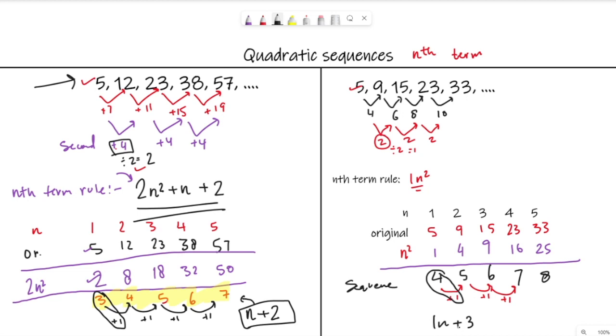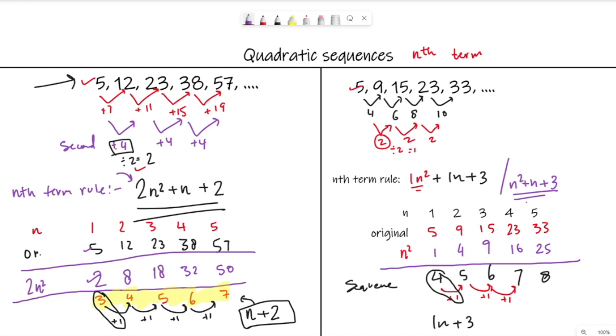So it's 1n plus 3, which will come here with the nth term rule. We can also write it as n square plus n plus 3.